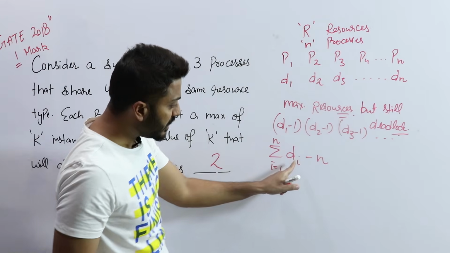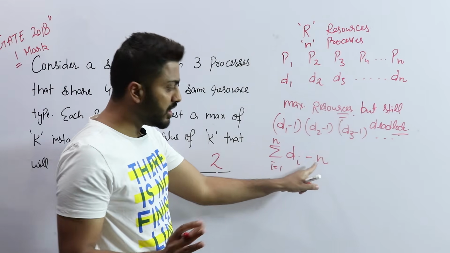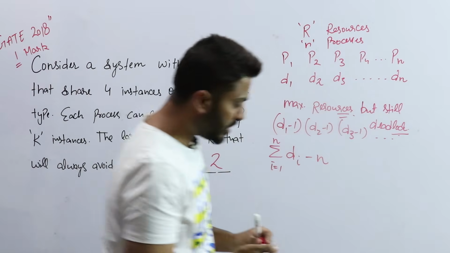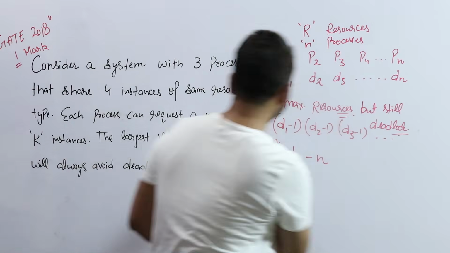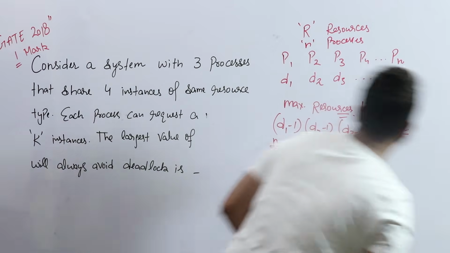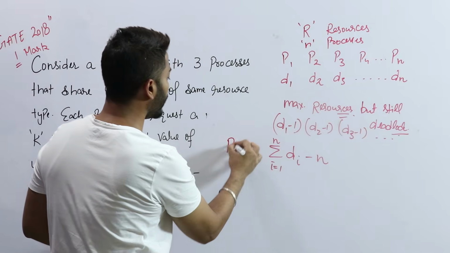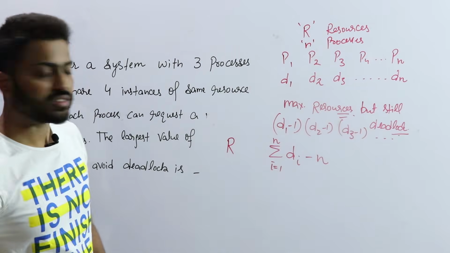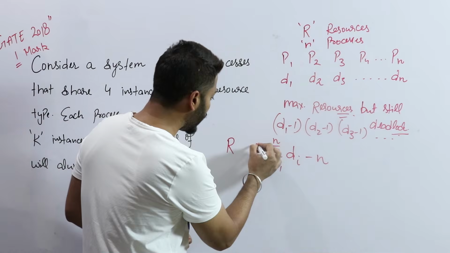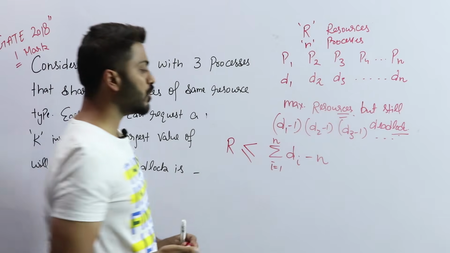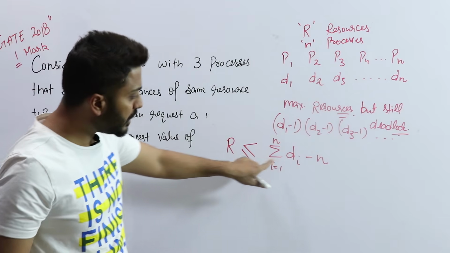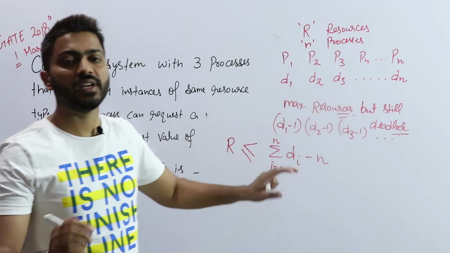So what is this? The total demand minus N is this number of resources. If I have R resources, and the number of resources R is less than or equal to this, there will be a deadlock.